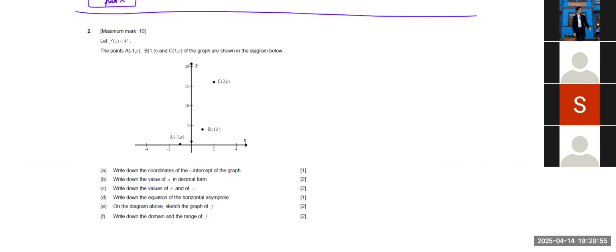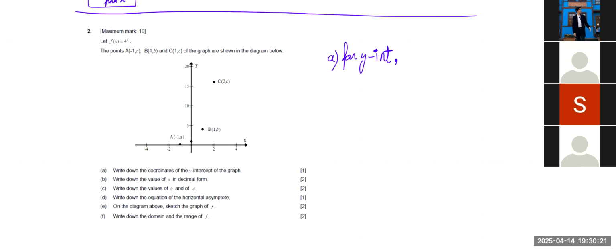Now, write down the coordinates of the y-intercept. Can somebody tell me how I can find the y-intercept without checking their notes, preferably? You plug in 0. For what? No, you plug in 0 for x, not for f of x.